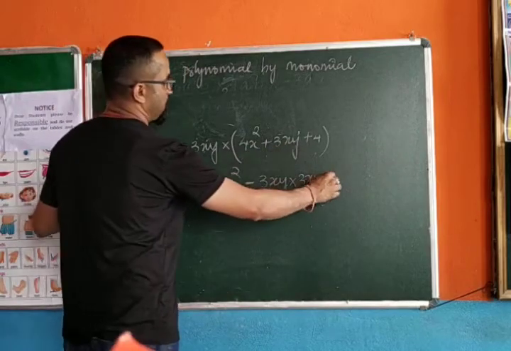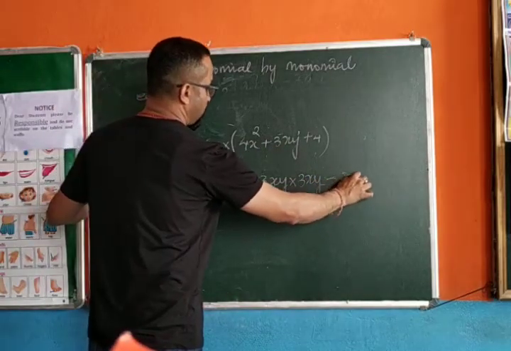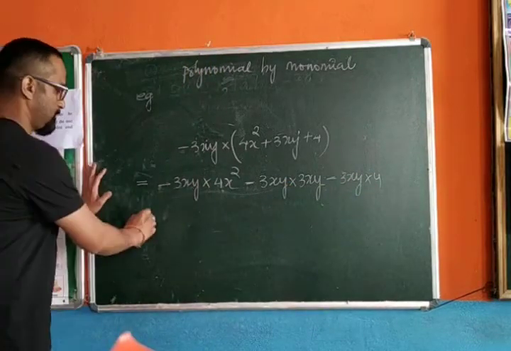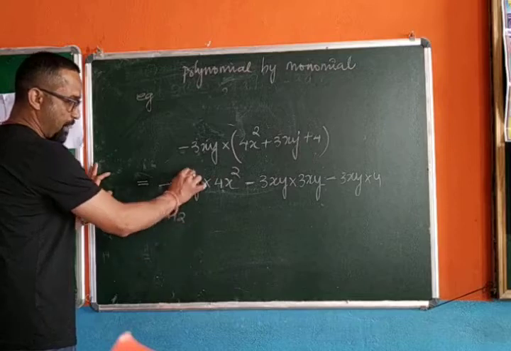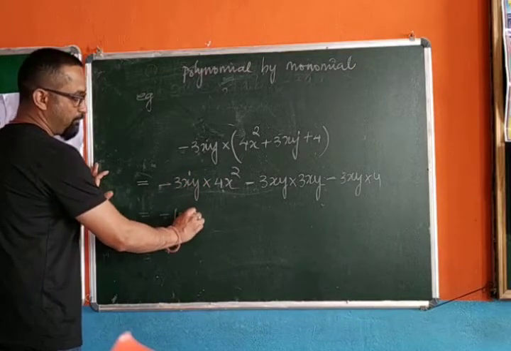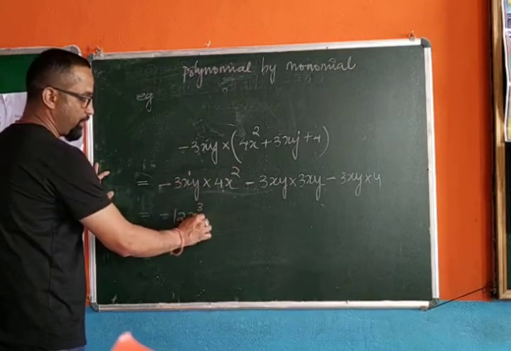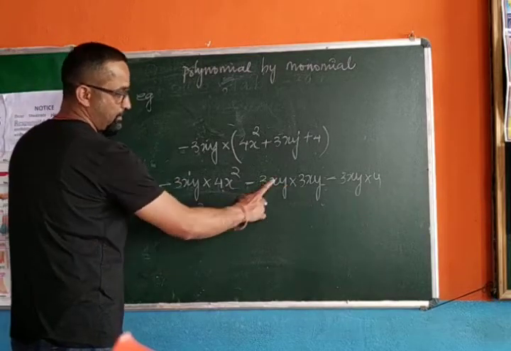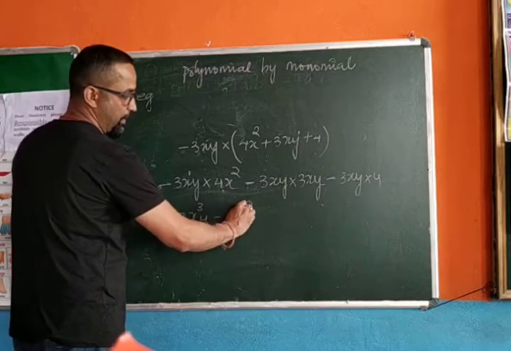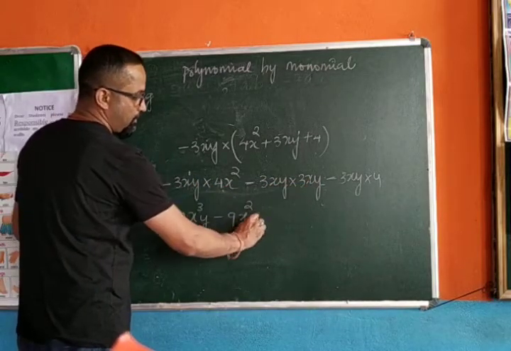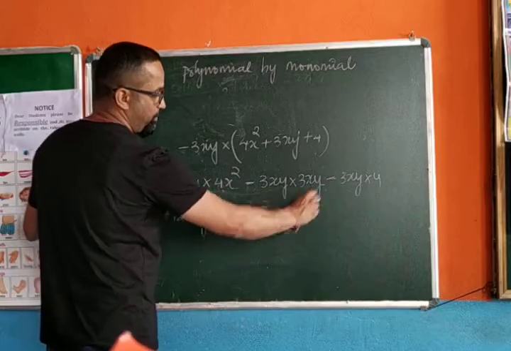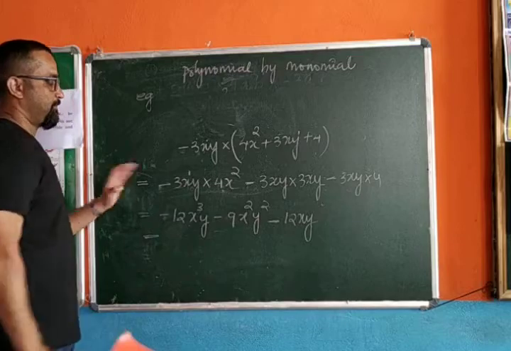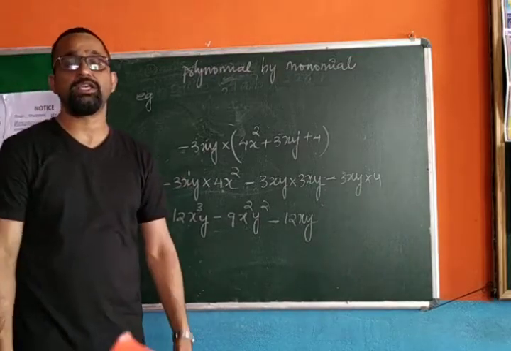Minus into plus is minus. 3xy into 4. Now you simplify it. Minus 12, power is 1. One variable, add it up, 3y. Minus 3 into 3 is 9. X squared, y squared, minus 4 into 3 is 12 xy. One step is increased.